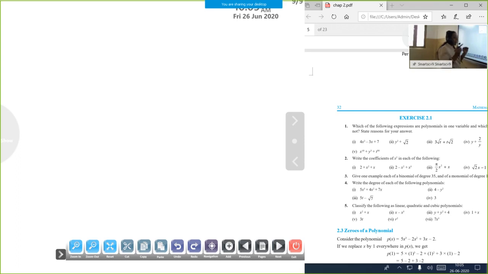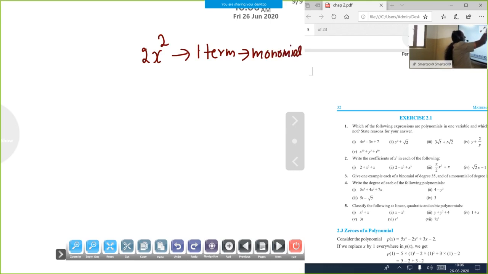Then you know what is monomial, binomial, trinomial. In an expression, if there is only one term, in last class I explained what is monomial. So there is only one term, it is known as monomial. Then if there are two terms, 3x square plus 3, two terms here, it is known as binomial.